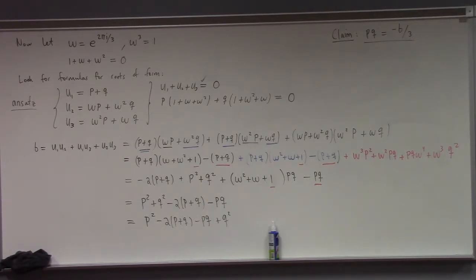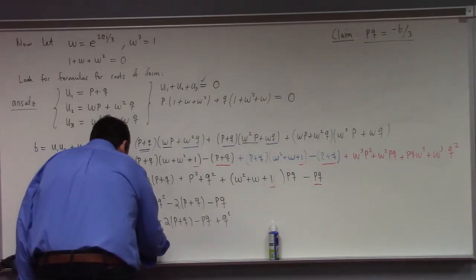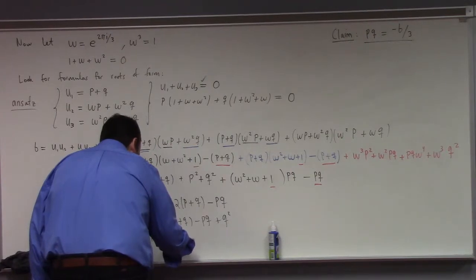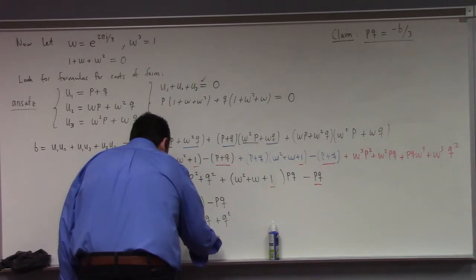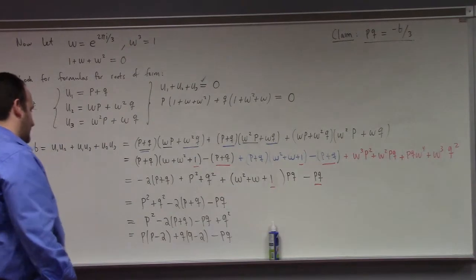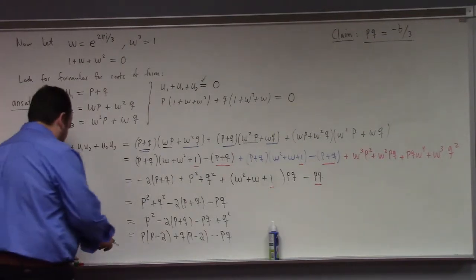If you have P minus Q and then square that, you would, oh wait. I mean, we could factor a P out: P times P minus 2, and then Q times Q minus 2, but we still got that pesky PQ sitting over here. That's not helpful.